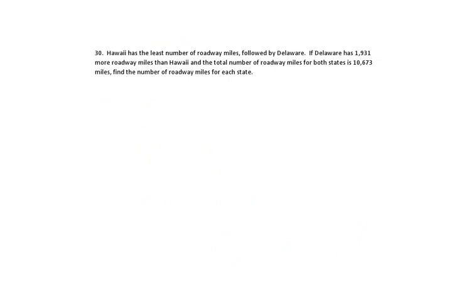Alright, number 30. Hawaii has the least number of roadway miles, followed by Delaware. If Delaware has 1931 more than Hawaii, and the total is 10673, find the number of roadways. Alright, so for the first one, we'll just call it x. The second part says Delaware has 1931 more. I don't know how much Delaware has, but it's going to be x, whatever Hawaii has, plus 1931.